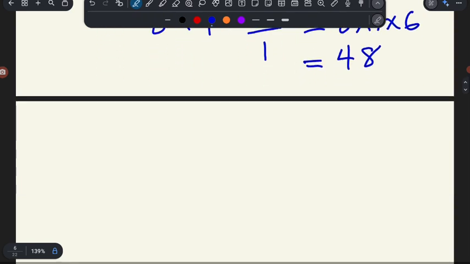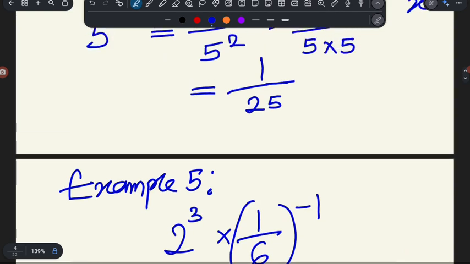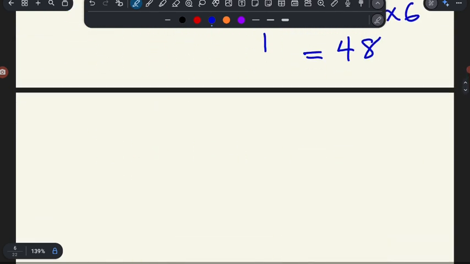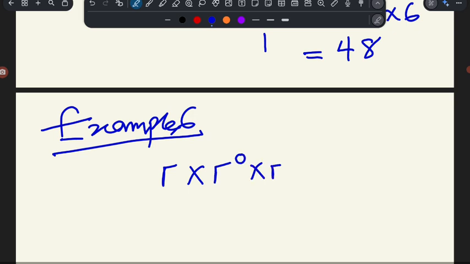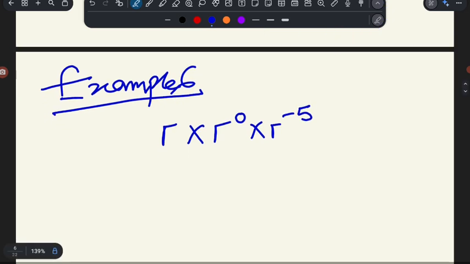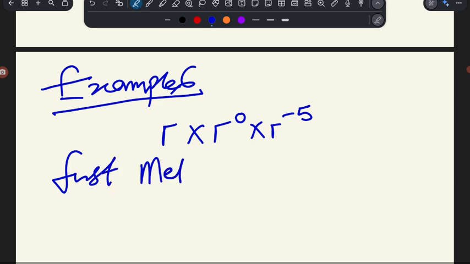Now, let's try this, our example 5. Let me go to example 6. Now, a question like this, r times r raised to the power 0 times r raised to the power minus 5. Now, we can solve this in two ways. The first method, let's do the first method.